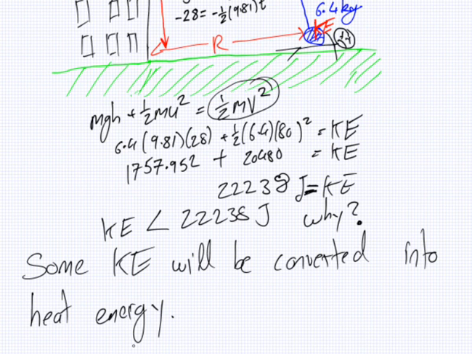Okay, so let's just calculate that. 6.4 times 9.81 times 28. So that's 1757.952 plus 20480. That's equal to the kinetic energy at the end. So the kinetic energy at the end is 22238, so we'll round it up, 22238 joules.